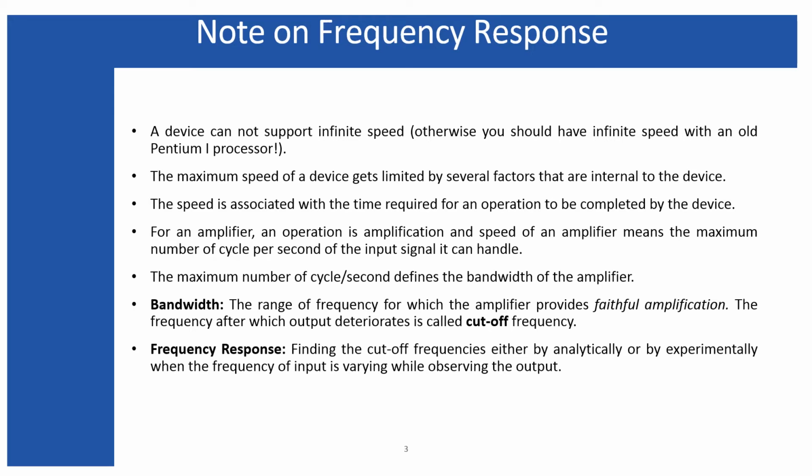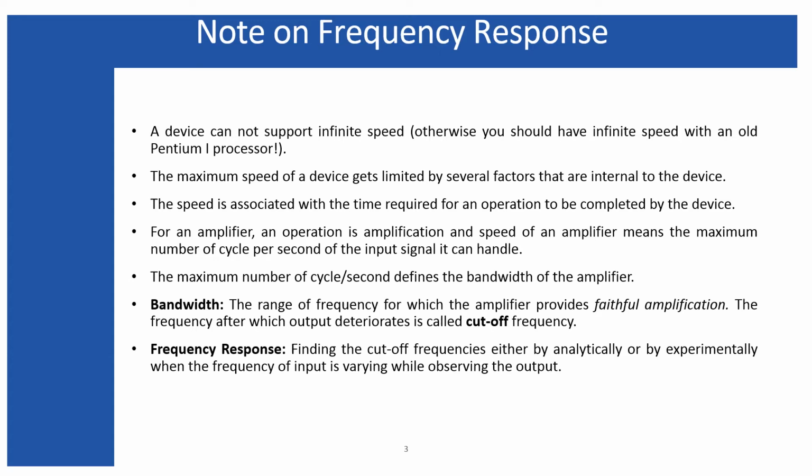We'll see in this lecture how the low pass, high pass, and even band pass responses deteriorate when you move beyond the range of the bandwidth. As I'm saying bandwidth, it means there will be a certain range of frequencies, and that range can be labeled by some values of the frequency.